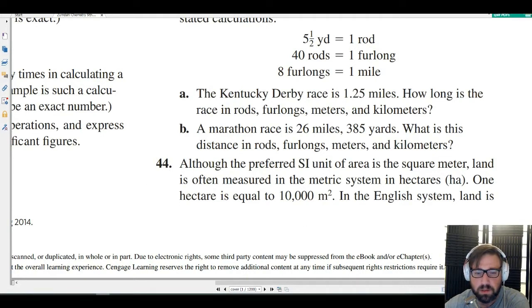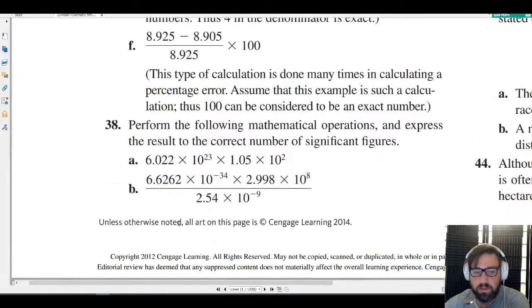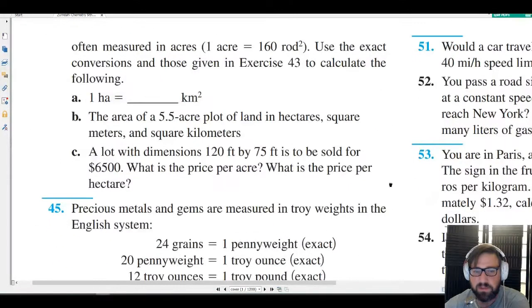Let me know if you guys want me to go through some more dimensional analysis stuff. If you're worried about it, do what I said before. Google converting units worksheet with key. Just do like 2 problems a night. That should not take you more than 5 to 10 minutes.